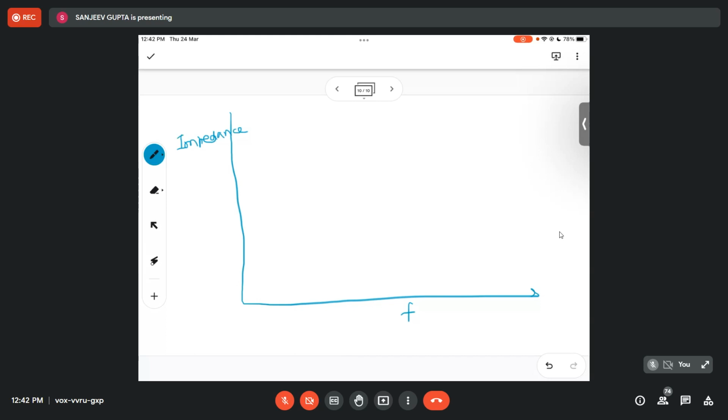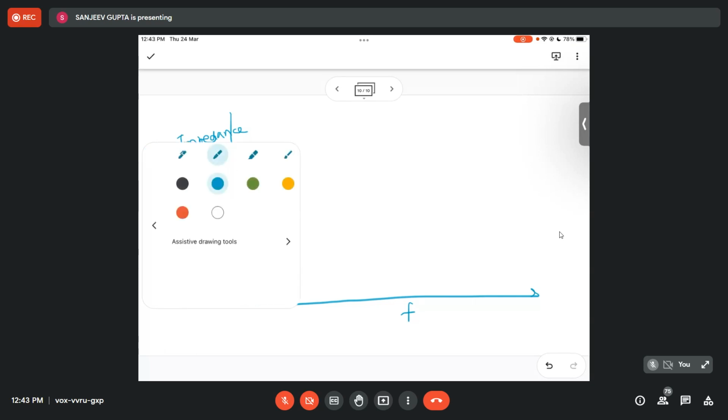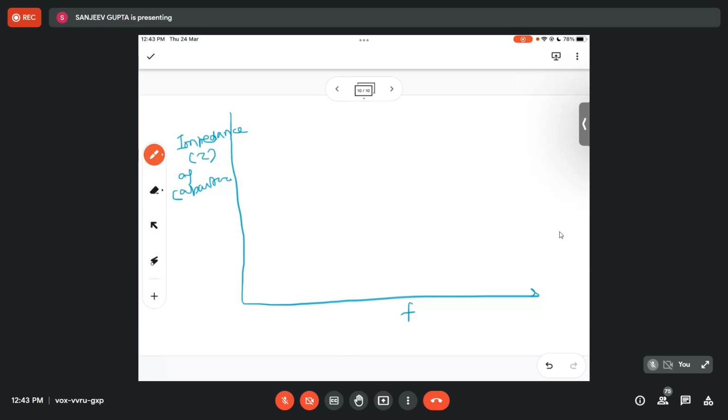There we talked about simple RCL, and here we speak in terms of impedance, which means the values of RCL have inductive or capacitive reactance, so they depend on frequency. If I plot the impedance of the capacitor, just like we plotted the impedance of the resistor with frequency, I get a plot like this. Ideally, the capacitor's impedance always decreases with frequency. This is my ideal or perfect capacitor. I will explain what I mean by ideal here.